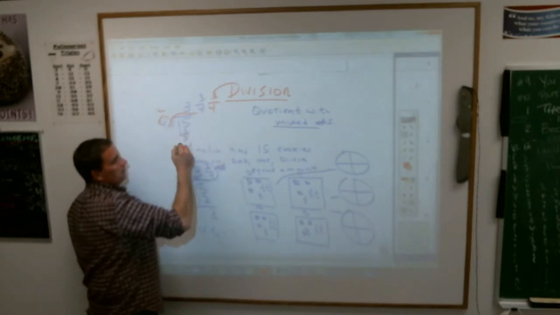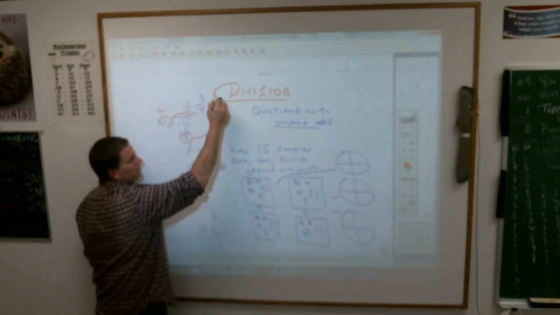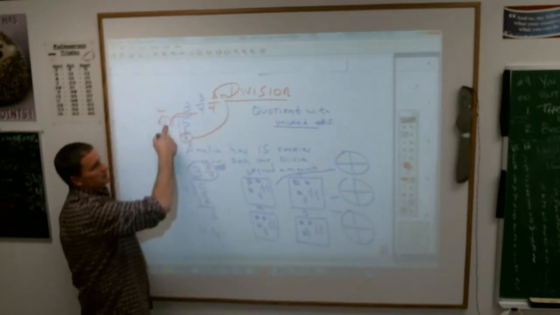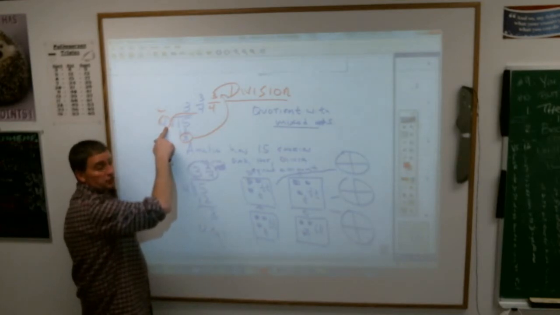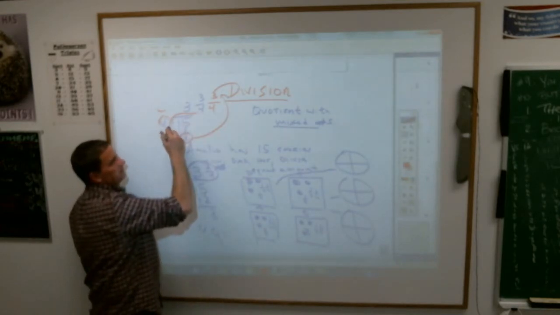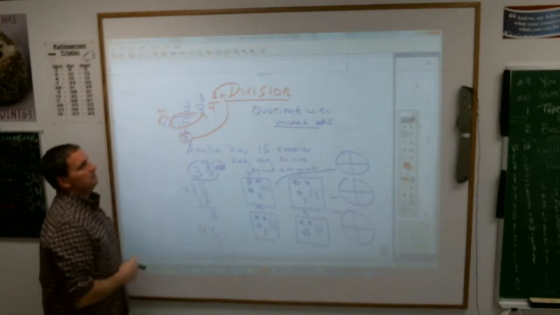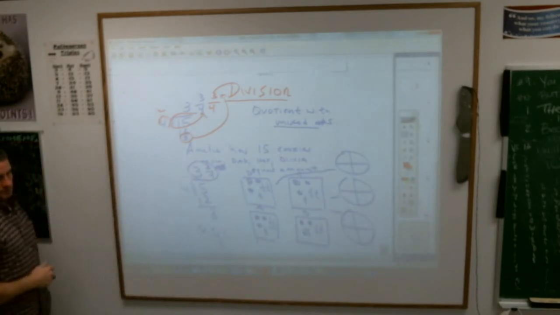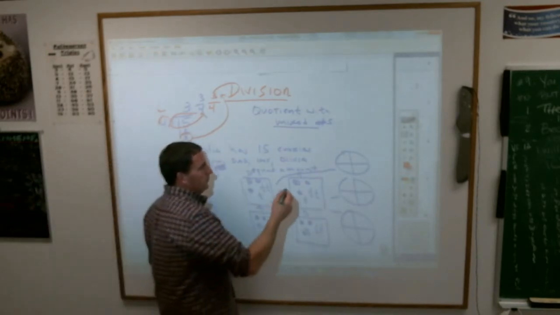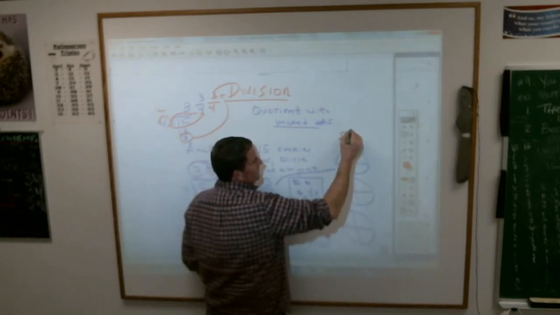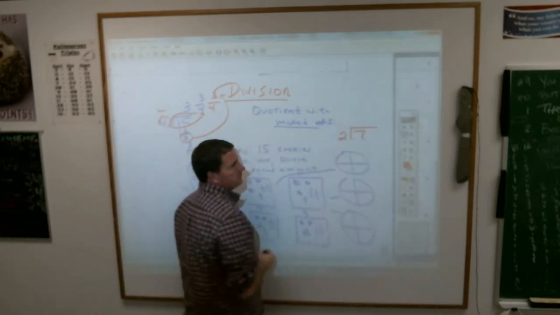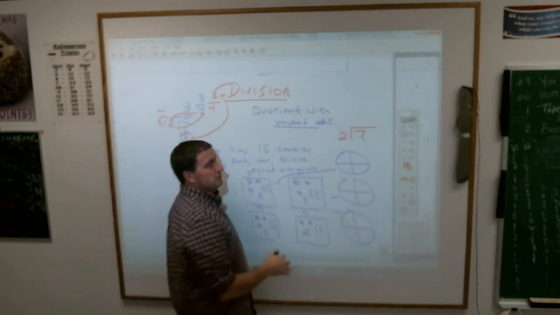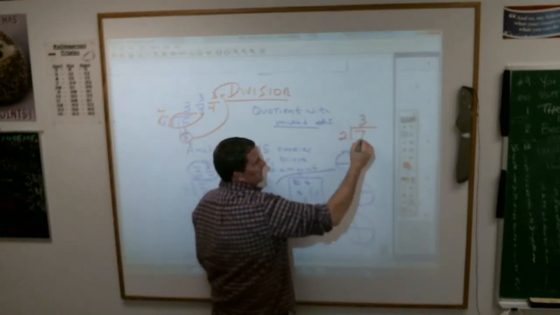So you take your remainder, your leftover, and it goes on top of the fraction. This little guy that we call the divisor goes on the bottom when you're making a mixed number out of it. So let's do this. What if it was 2 into 7? You do the division like normal. How many times does 2 go into 7? 3 times.